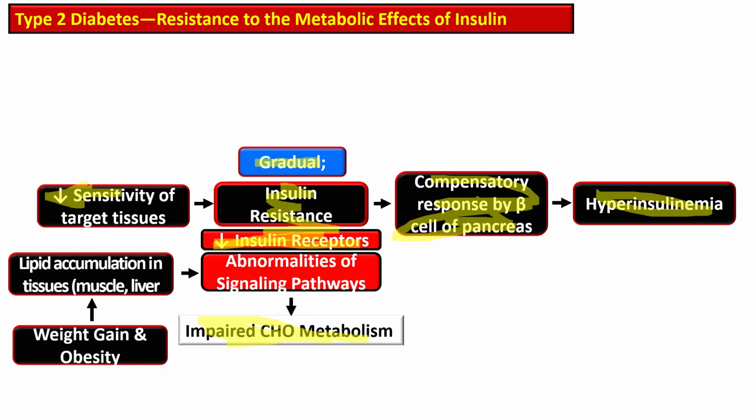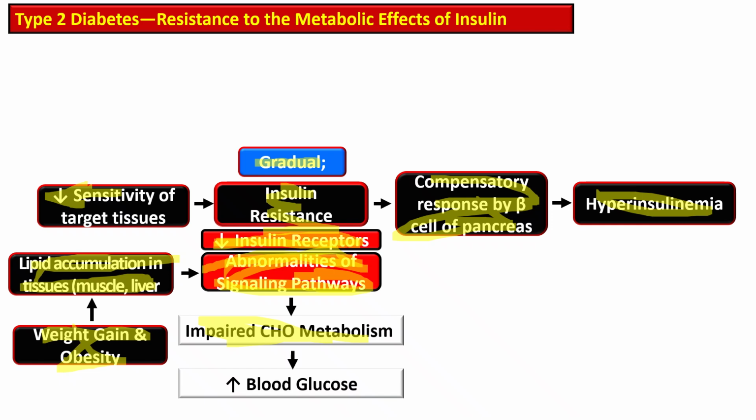There will be decreased insulin receptors as well as abnormalities in the signaling pathway that are due to weight gain and obesity, which results in lipid accumulation in tissue, muscle and liver that are responsible for abnormalities of the signal pathway. As a result, the carbohydrate metabolism is impaired.